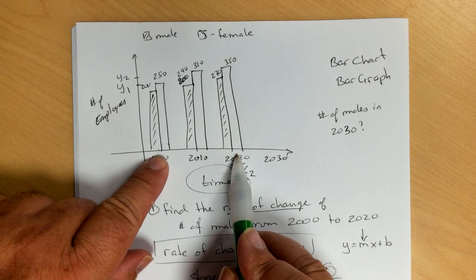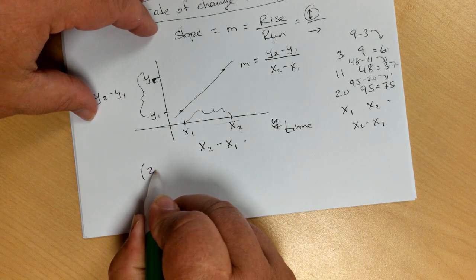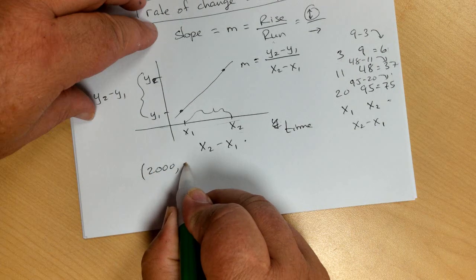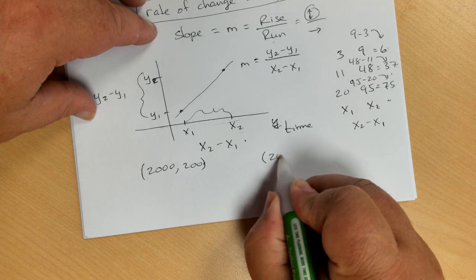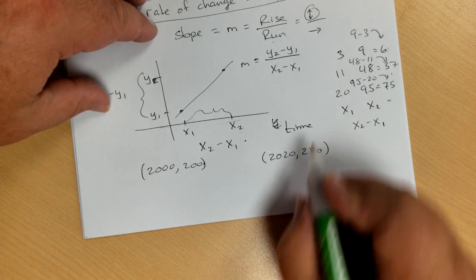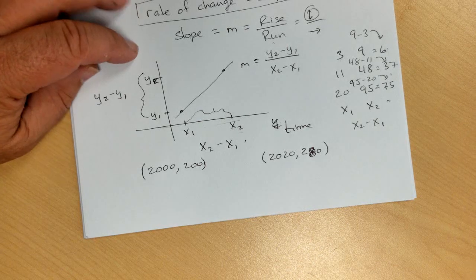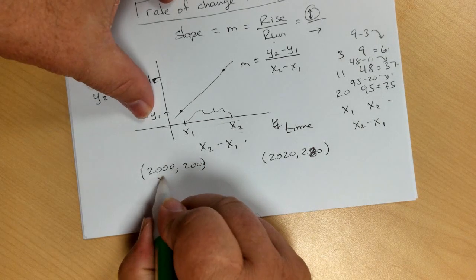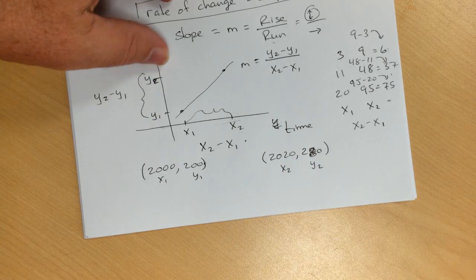The years are my x values. So in my first year, at the year 2000, it's 200. And then at the year 2020, it's 270. Let's make it 280, I think easier for us. So this is x1, y1, x2, y2.